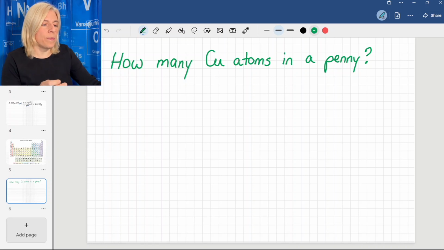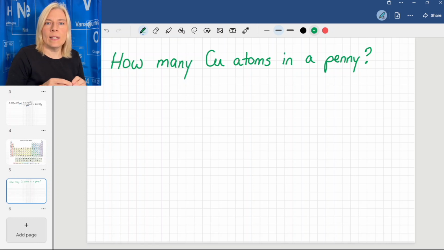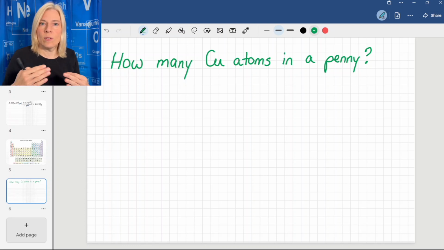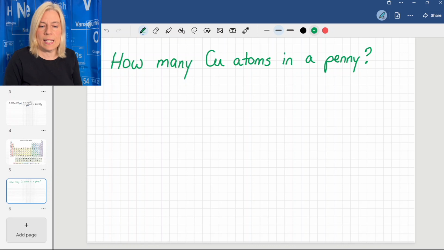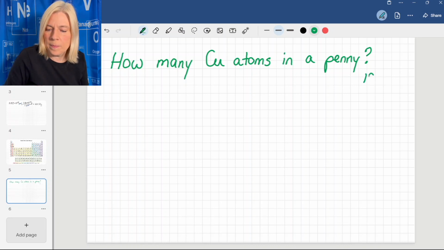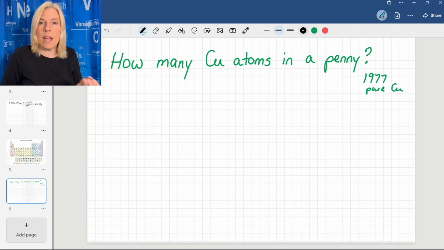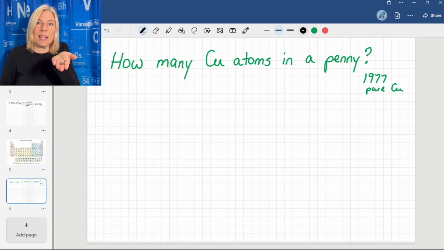This one is pure copper. It's made in 1977. Copper pennies in 1981 are no longer pure copper. So I know I have a copper penny from 1977, so it's pure copper. Let's figure out how many atoms of copper I am holding in my hand right now.